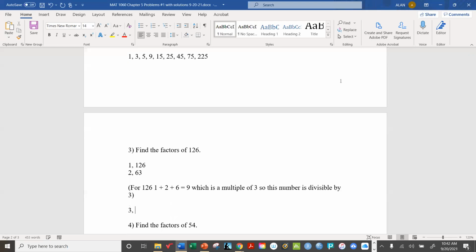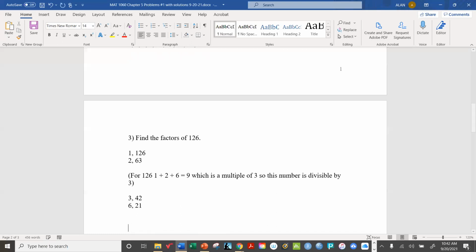So 3 goes into this 42 times. How about 4? It looks like it might work, but if you do the division, it turns out no. Now, you know it's not 5 because the last number is not a 5 or a 0. Could it be a 6, though? Why, yes, it is. 6 times 21. 7 doesn't look right.